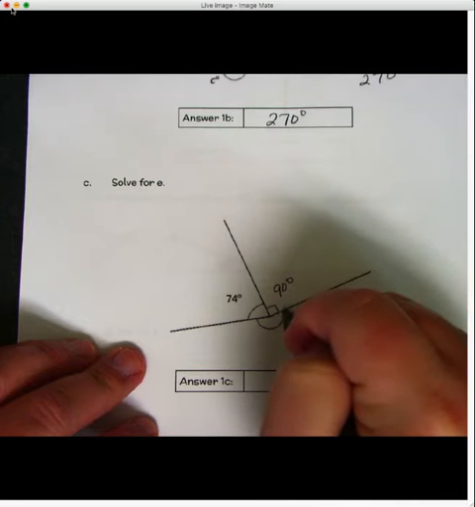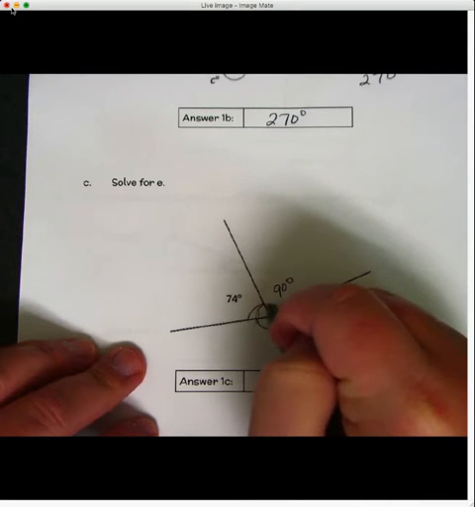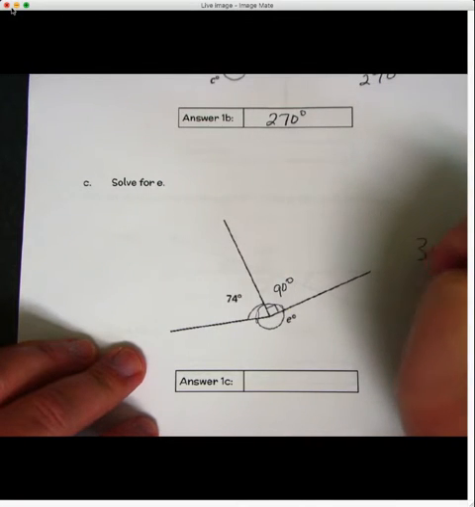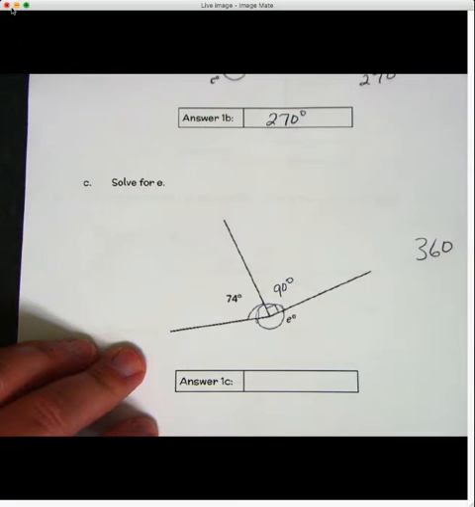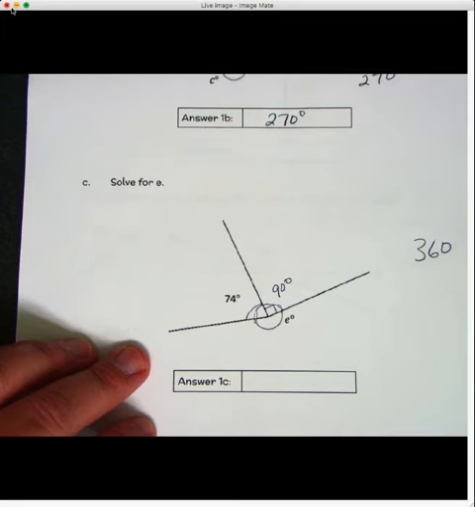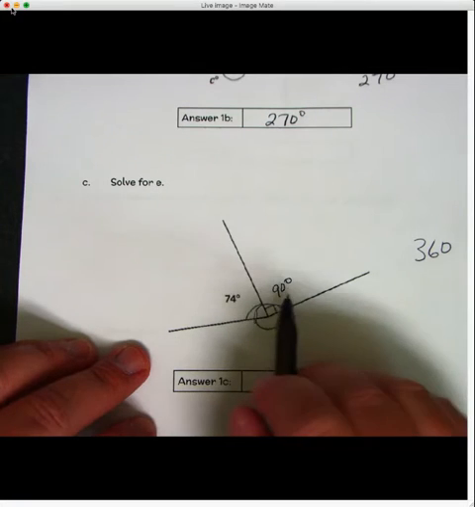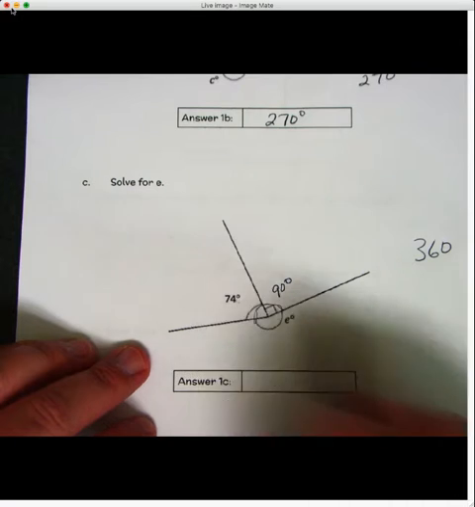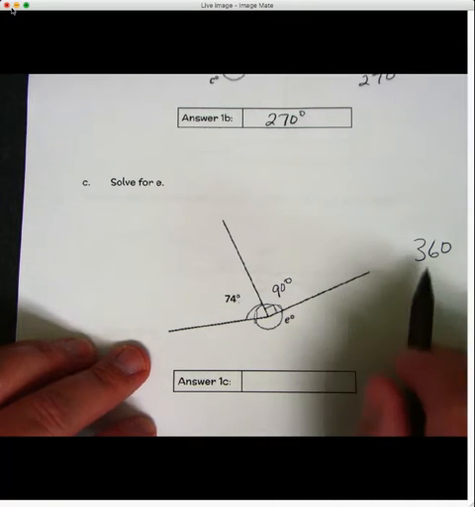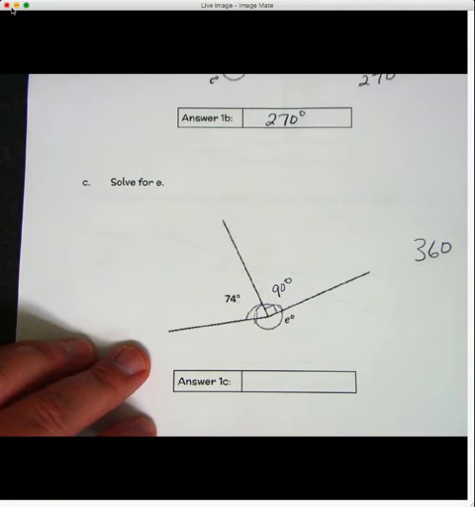Imagine all of these together make a whole circle. They make 360 degrees together. There are a couple of ways you can do this, whichever way you like. The best way is to take both of these and add them together and then subtract that from 360. Or you can subtract them one at a time.